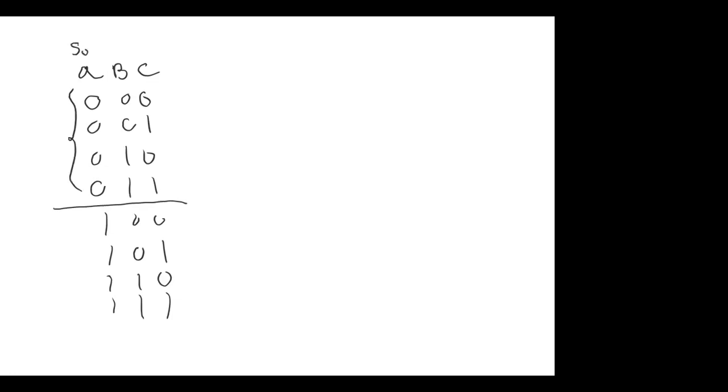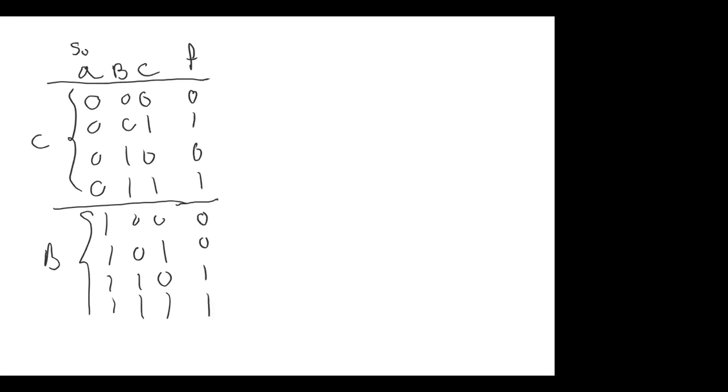So this will select for C, and this will select for B. The function f will have an output equal to, if you're selecting for C, you just copy C in: 0, 1, 0, 1. If you're selecting for B, you just copy B in: 0, 0, 1, 1.